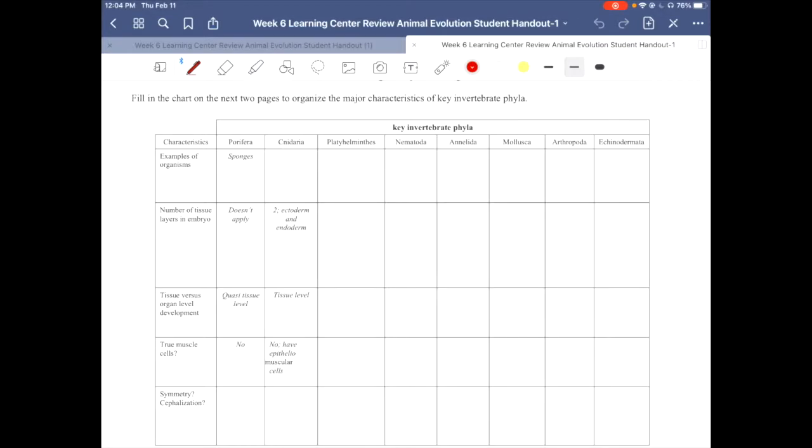Okay, the first one, Porifera, is already given to us, and that's going to be our sponges. So an example of organisms from Porifera is sponges, and then Cnidaria is our next one. Does anyone remember what types of organisms belong to the phylum Cnidaria?